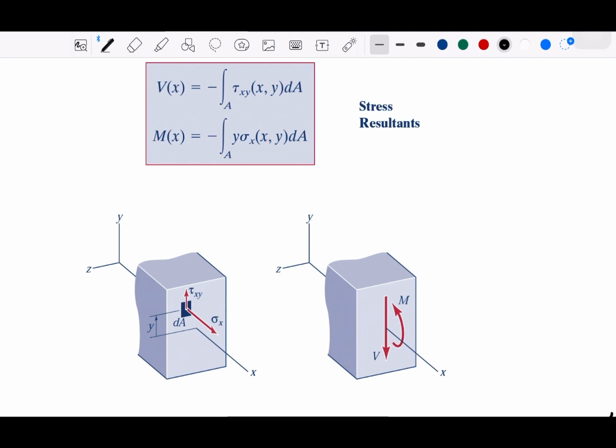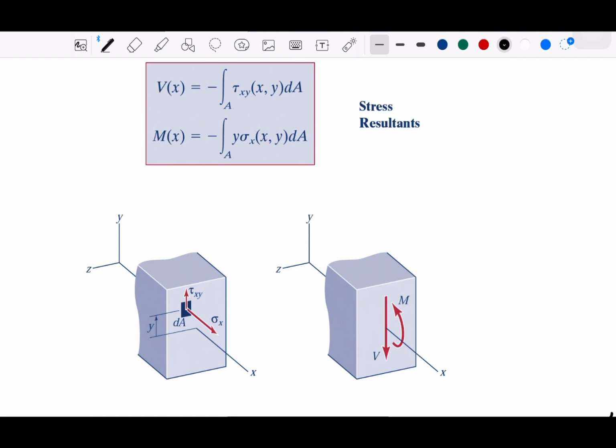From this one, based on these stresses, we can write the formulation for both M and V. So V is going to be the integration of this tau dA for every dA here, and M is going to be the multiplication of this normal stress with some y.